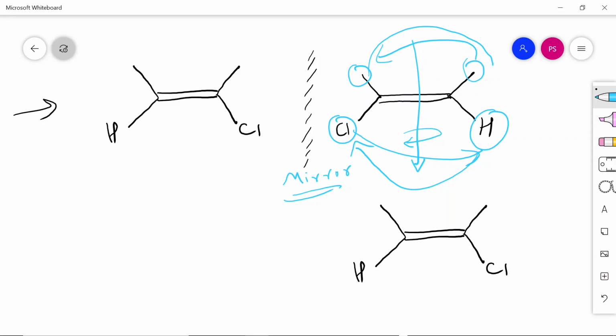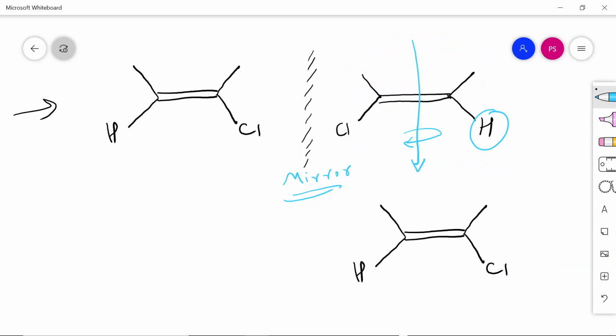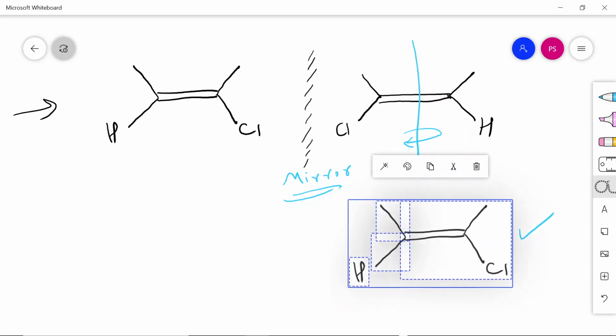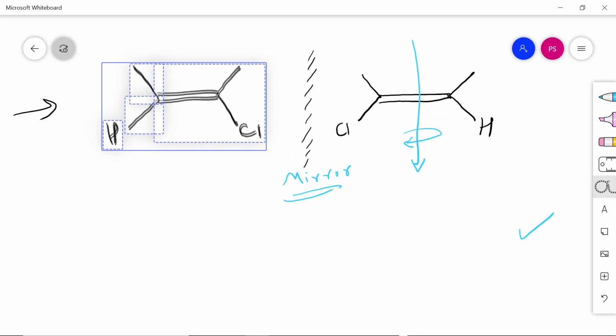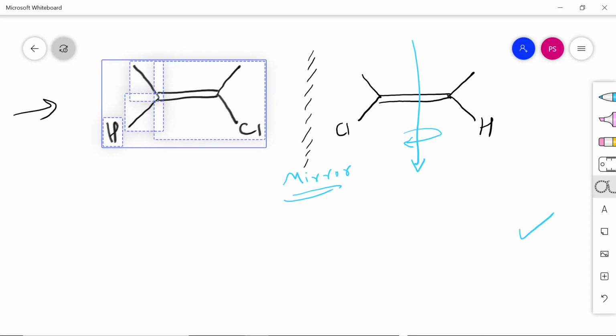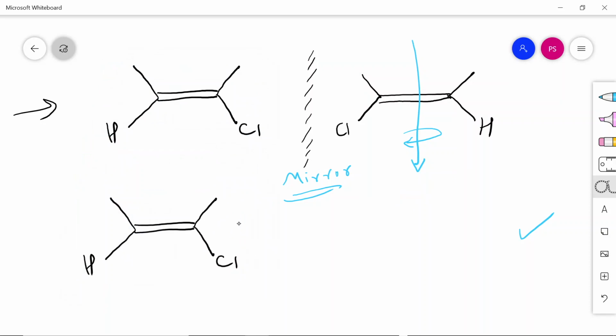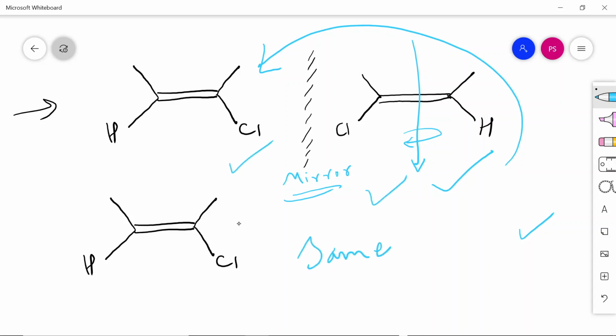So after 180-degree rotation we get this molecule. Now check out whether this molecule is superimposable on this molecule or not. You can see here each and every atom matches, and we can superimpose this image onto this compound. That's why these two compounds are the same, and hence this compound and this compound are both the same, or optically inactive.